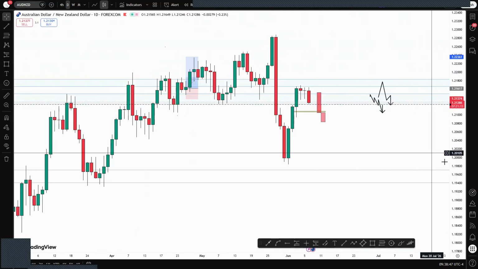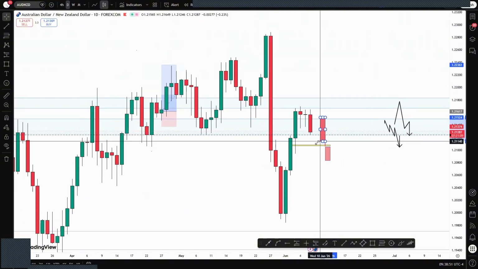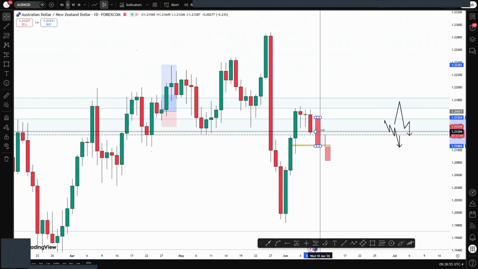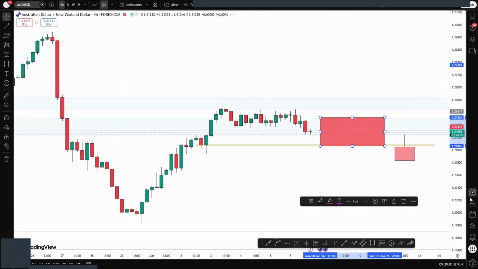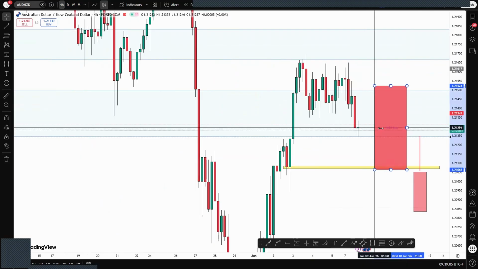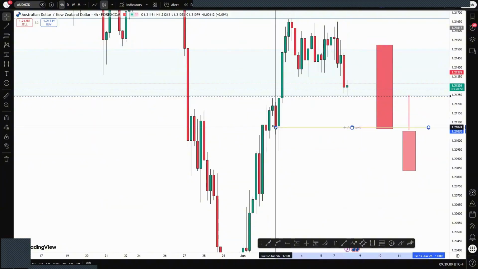AUDNZD. Price is doing the exact thing we wanted it to do, you see. I told you if price decides to break below my daily level like this, my concern is not if price breaks. My concern is the 4 hour shift.